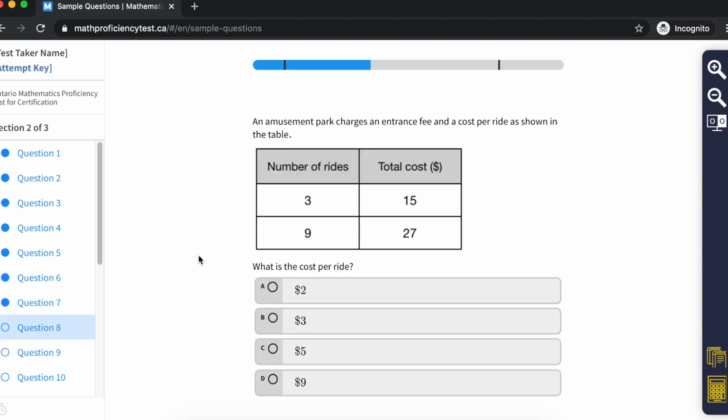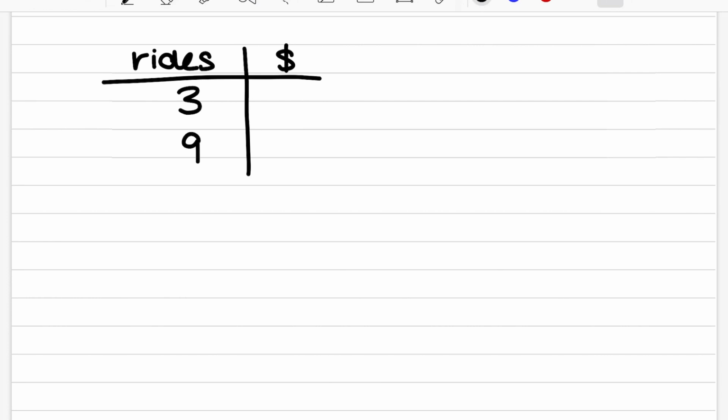Question 8. An amusement park charges an entrance fee and cost per ride shown in the table, which is rides and total cost: 3 and 9, 15 and 27.